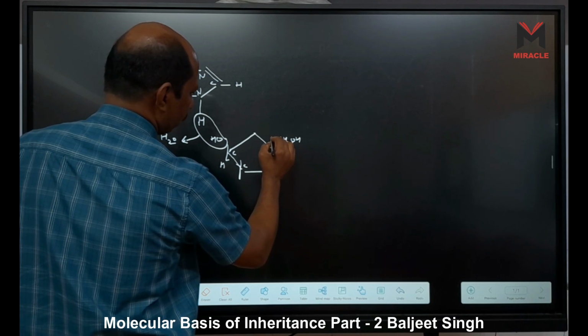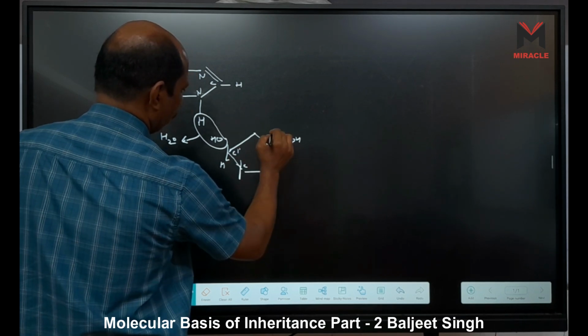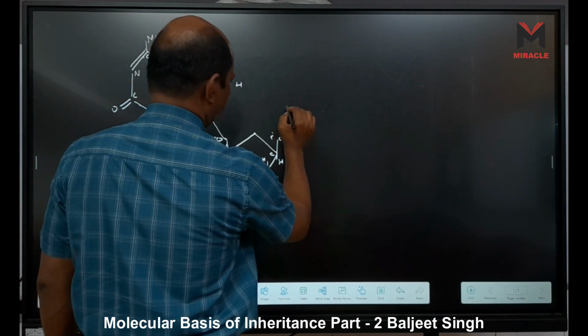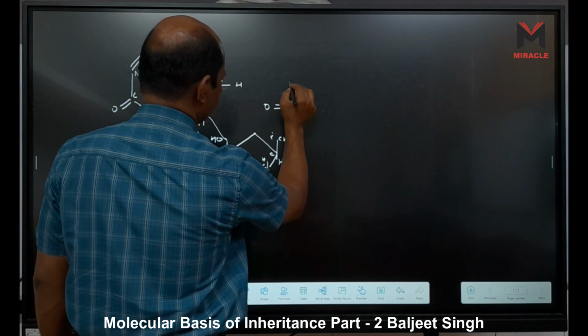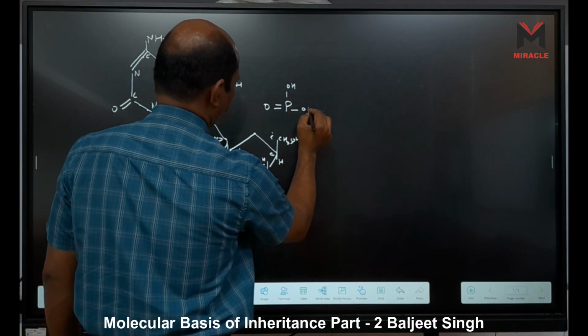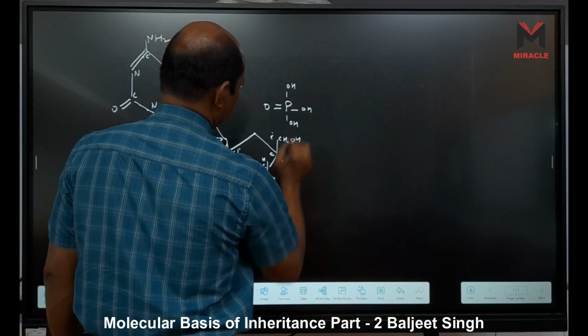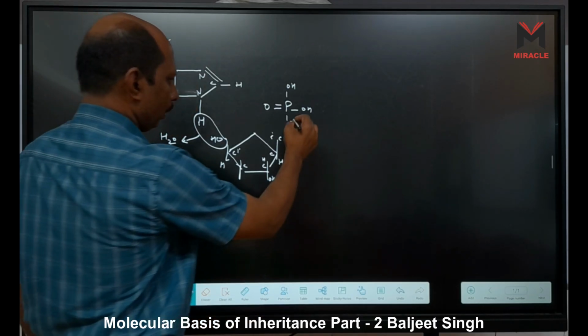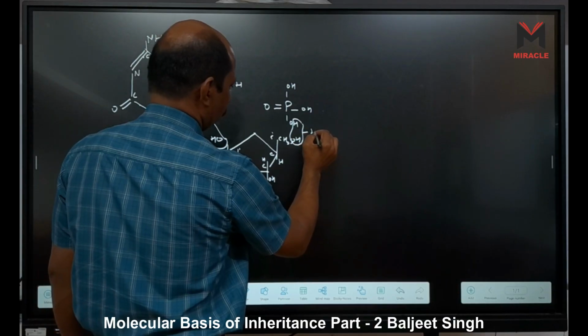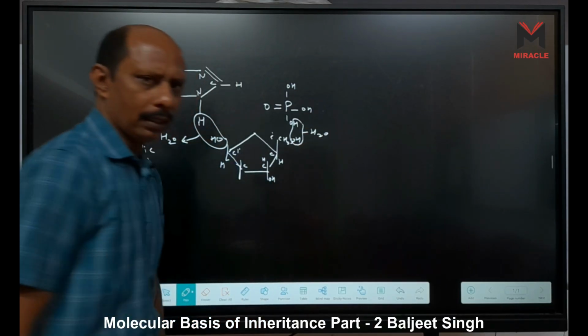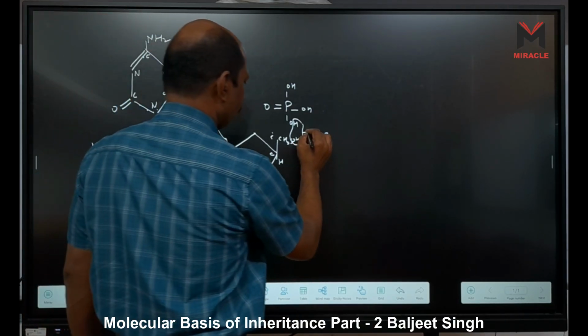Now this fifth carbon, this is the first carbon we know, right? This fifth carbon is attached with phosphoric acid. Suppose I draw here this phosphoric acid H3PO4 and OH. Now you can see here CH2, this H2O is removed from here, right? When H2O is removed, what happens?